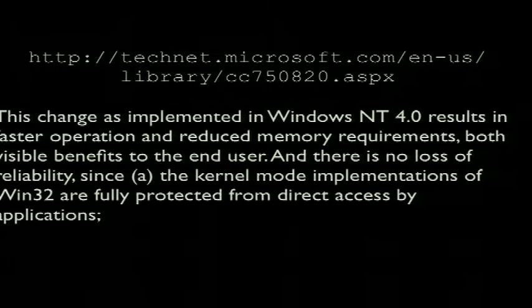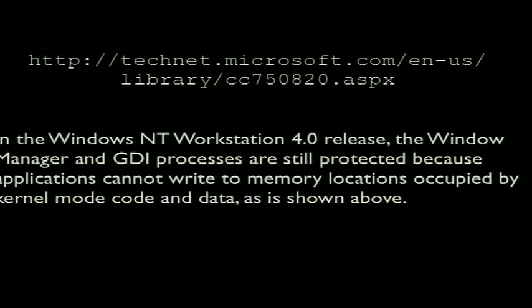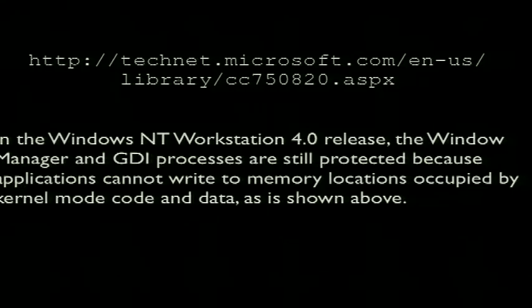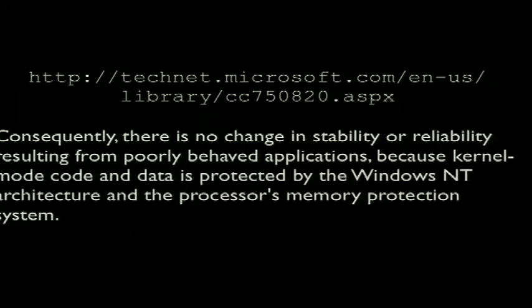It's like, yeah, the kernel mode implementations of Win32 are fully protected from direct access by applications. Right. And, oh yeah, processes can't write the memory locations occupied by kernel code, right? Anyway, so consequently, there's no change in stability or reliability. Or there's even more.